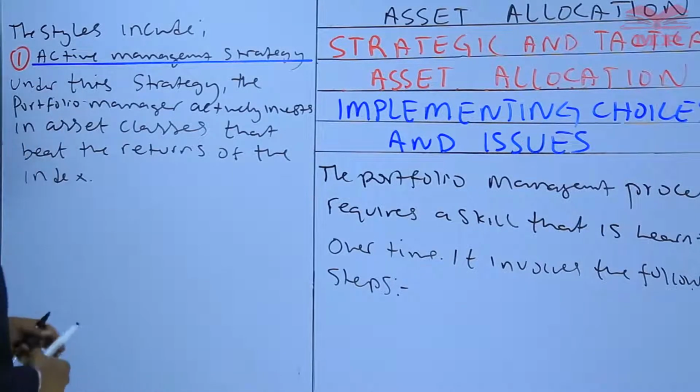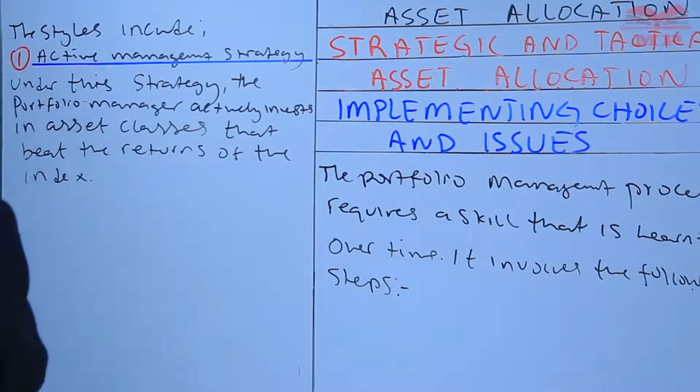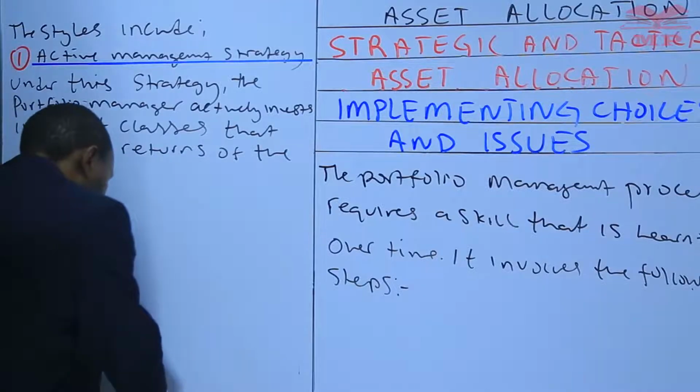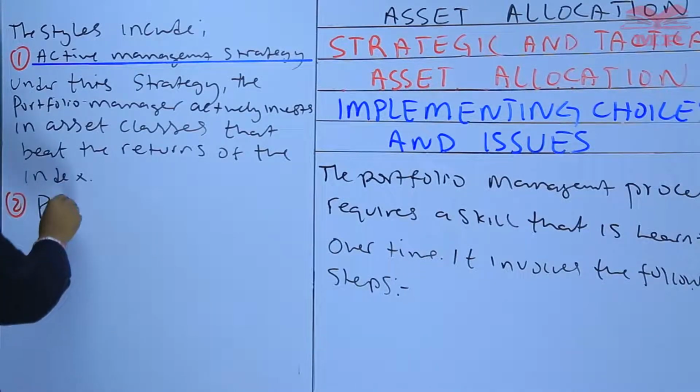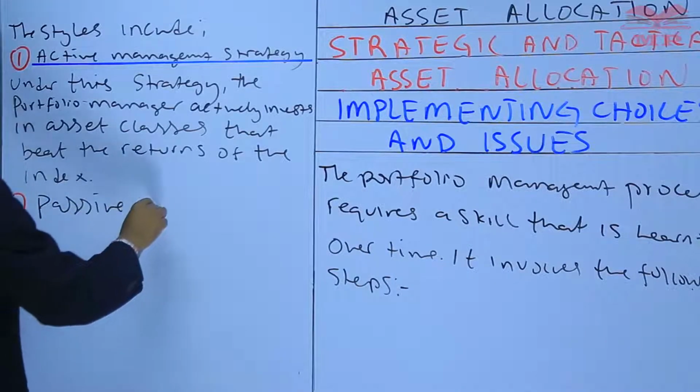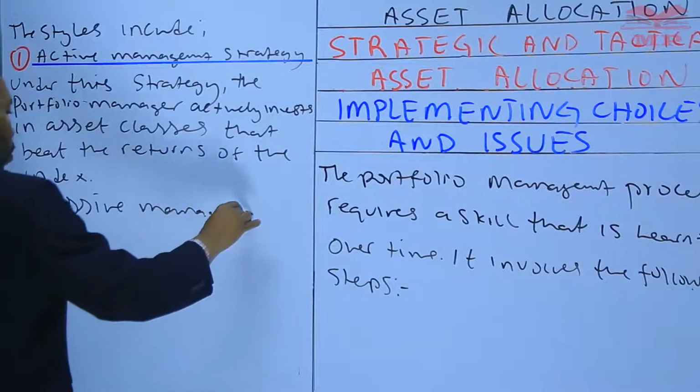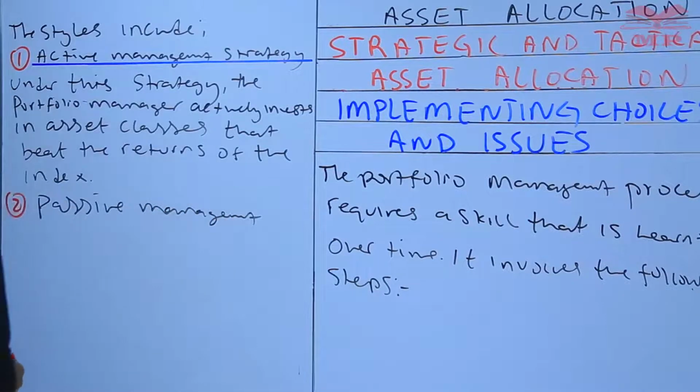If we have active management strategy, then we have passive management strategy. So number 2, passive management strategy.